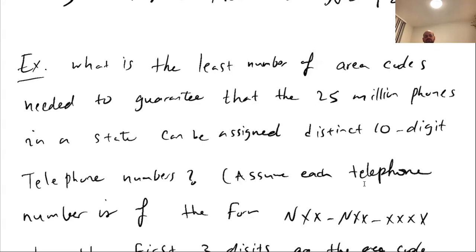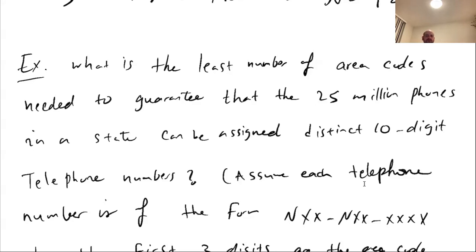So we needed 3 area codes. And the population of Greater Vancouver is maybe around 3 million. So for this number, we needed 3 area codes.